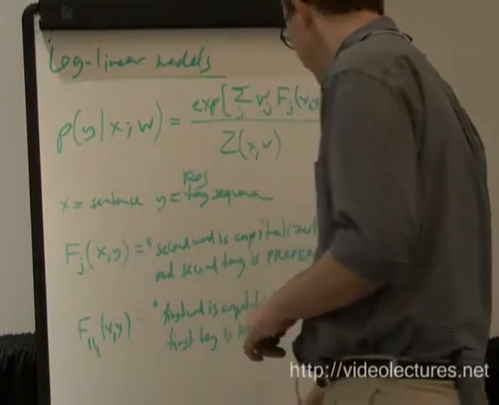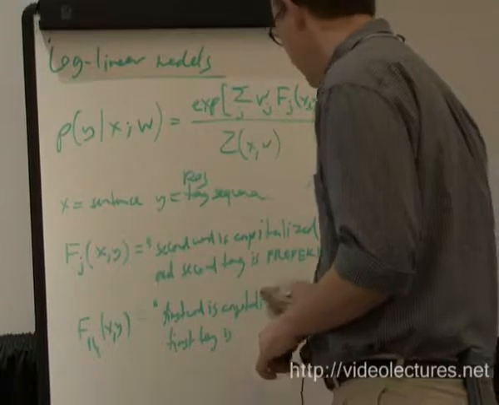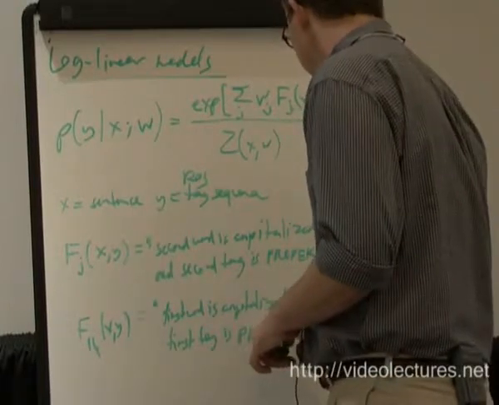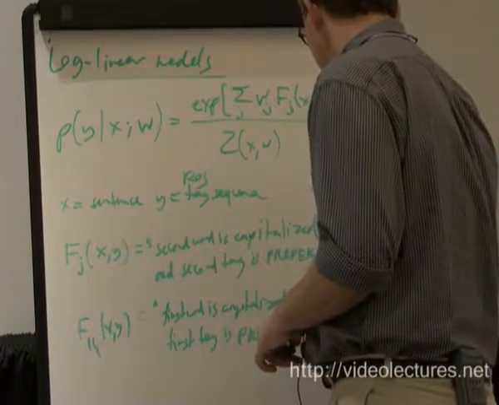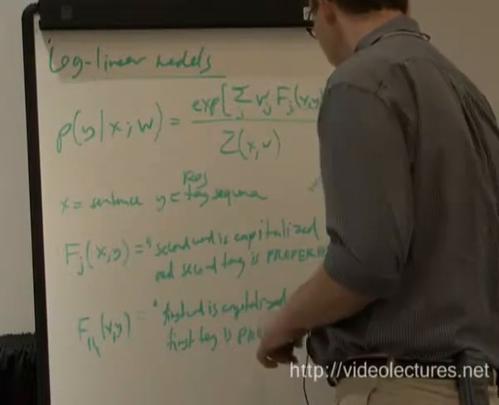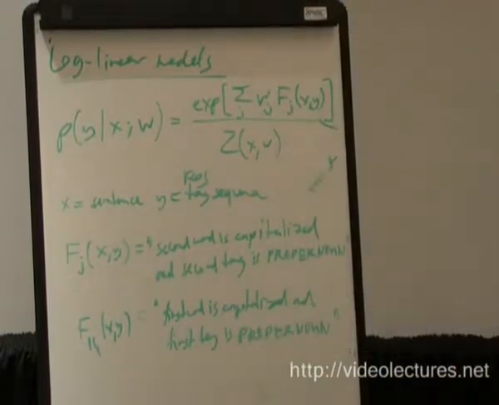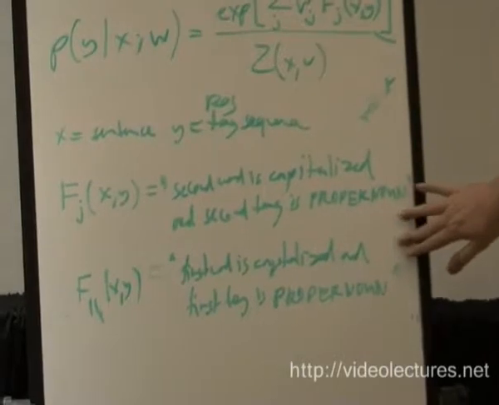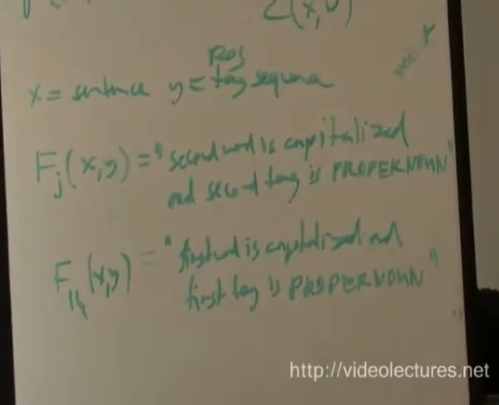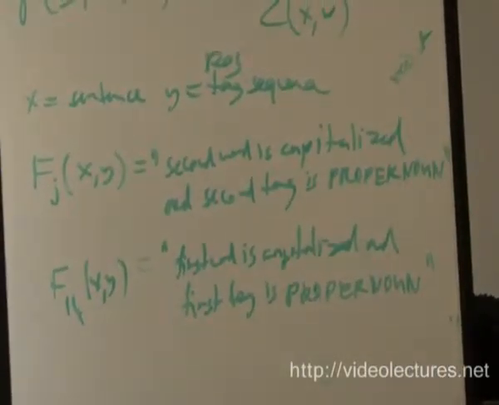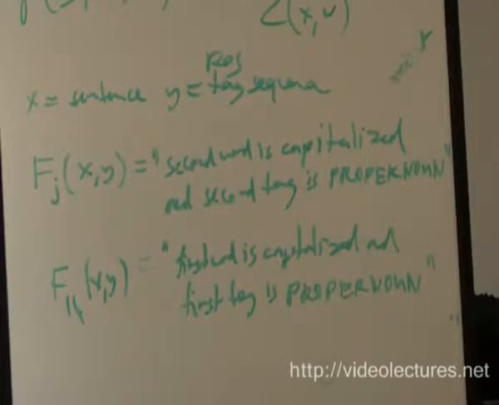I'm not writing this. First tag is proper noun. So this is also a 0-1 feature that we can measure about any sentence and any tag sequence. First word is capitalized and first tag is proper noun.